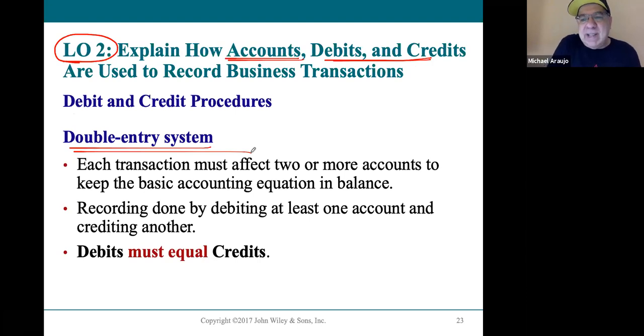Well, that also means that two accounts are going to be affected this way. One account is going to be affected on the debit side of its account. The other account is going to be affected on the credit side of its account. So just like in learning objective 1, an equal number of accounts is affected. In this case, the debit side of one account and the credit side of another account are going to be equally affected. And you'll see that.